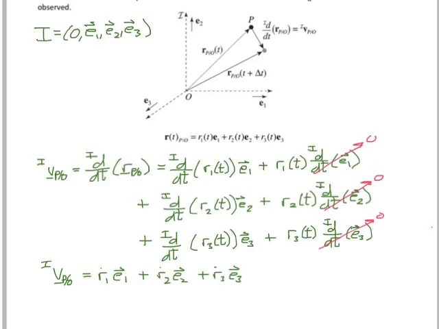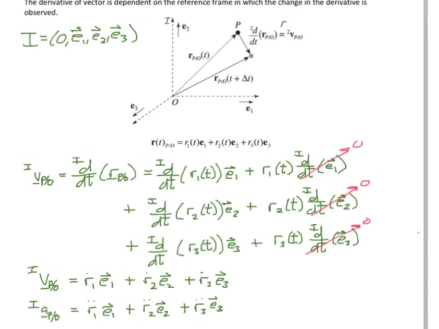Now this really shouldn't come as any big surprise, because we defined our position vector within the inertial reference frame, and in this case we took our time derivative as observed in the inertial reference frame. And so this means that when we take our second time derivative, which is the acceleration of p with respect to O as observed in the inertial reference frame, we'll get r1 double dot in the e1 direction plus r2 double dot in the e2 direction plus r3 double dot in the e3 direction.